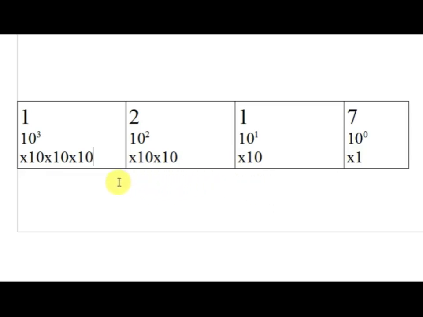So if we count the exponents, we can see that this one is 10 to the power 0, this is 10 to the 1, this is 10 to the 2, or 10 squared, and this is 10 to the 3. So we can actually number the places according to this exponent. So 0, 1, 2, 3, like that. For example, if we look at 10 to the power of 2, the number 10 is our base, right?